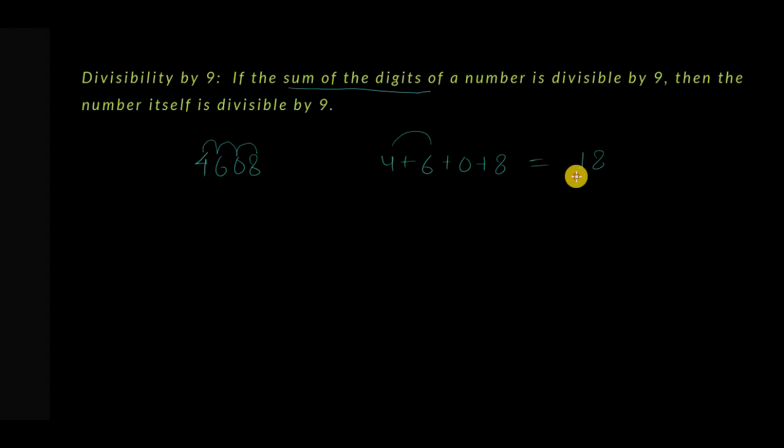So if 18 is divisible by 9, which we know that it is, 9 twos are 18, then this number will be divisible by 9 because the sum of the digits is divisible by 9. But let's just check it out.